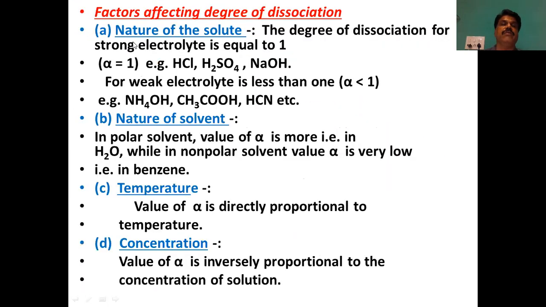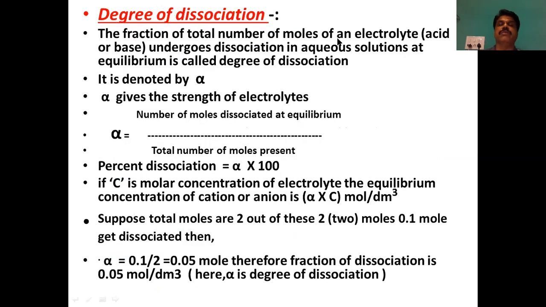The fraction of the total number of moles of an electrolyte, which may be an acid or base, that undergoes dissociation in aqueous solution at equilibrium is called degree of dissociation, and it is denoted by alpha.